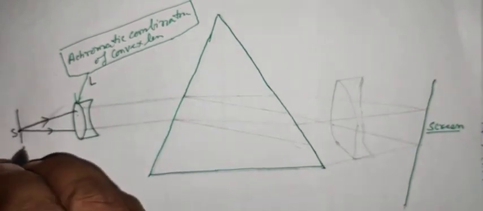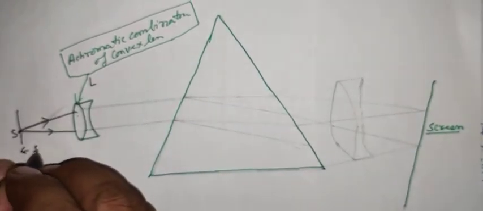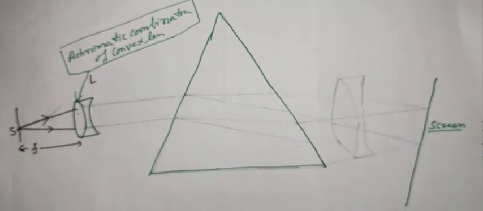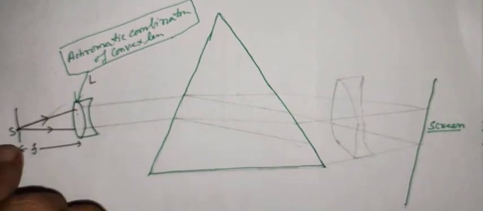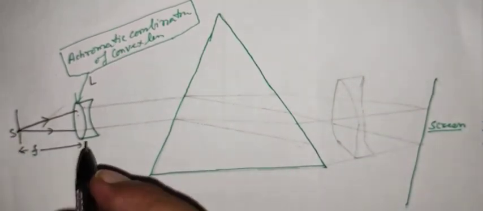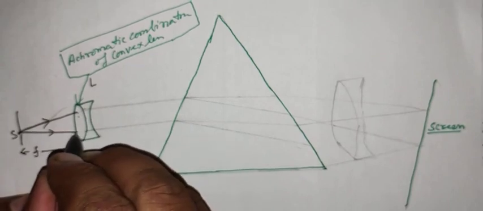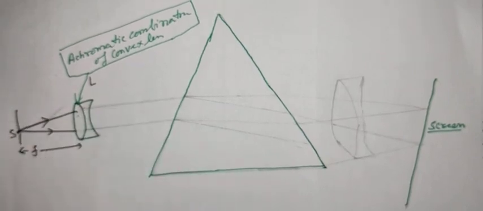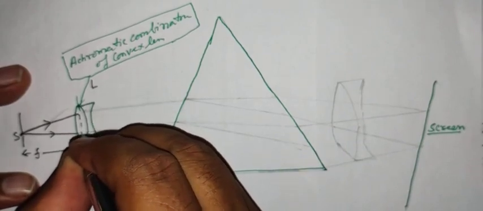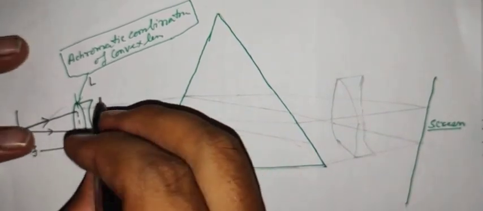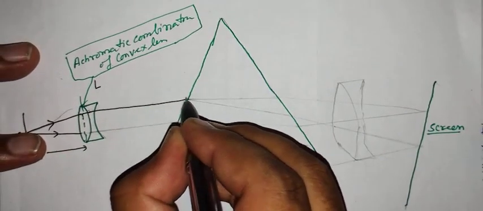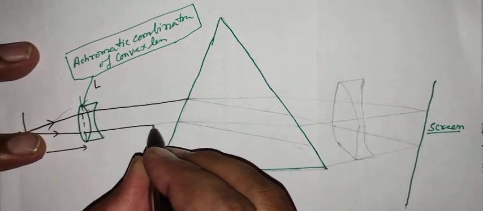The distance between the slit and the lens is kept equal to the focal length. We know that in that condition, if the source is at the focal point, then after refraction through the lens, the rays become parallel to each other.